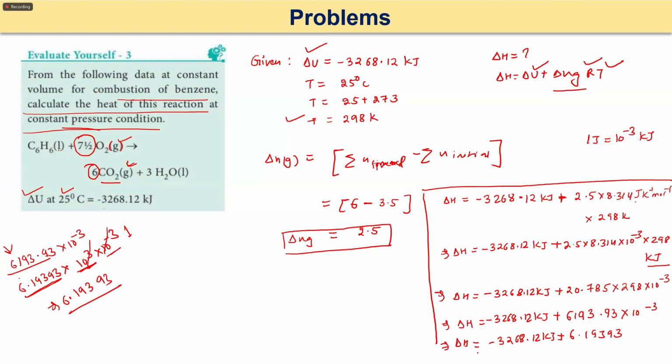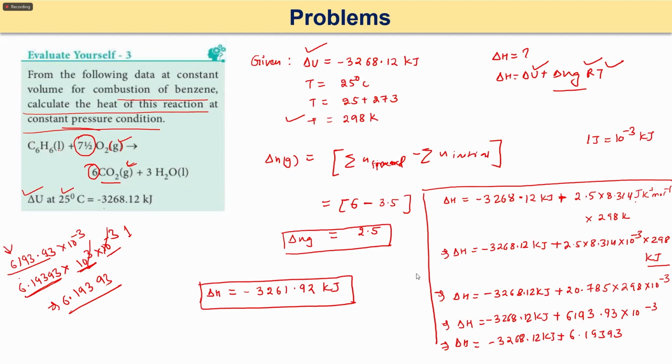Now if you solve this, you will get your delta H as equal to minus 3268.12 plus 6.1939, which gives minus 3261.92 kilojoule.